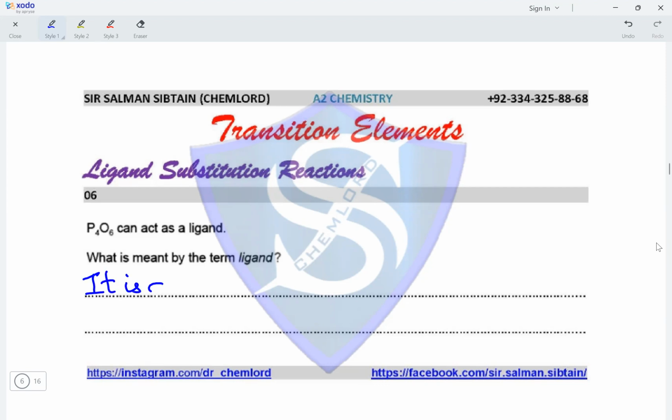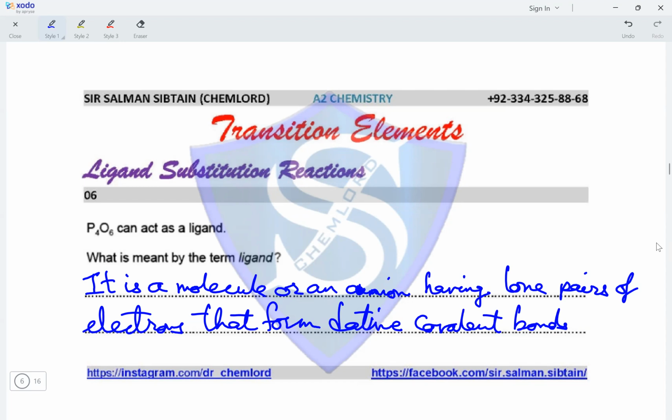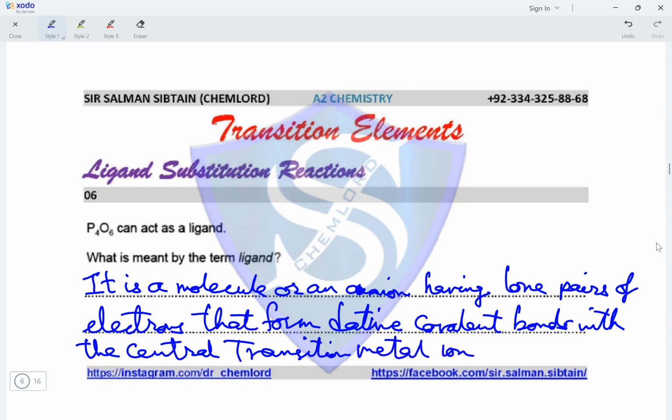It is a molecule or an ion having lone pairs of electrons that form dative covalent bonds with the central transition metal ion.